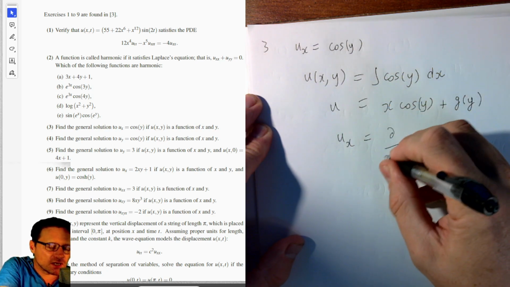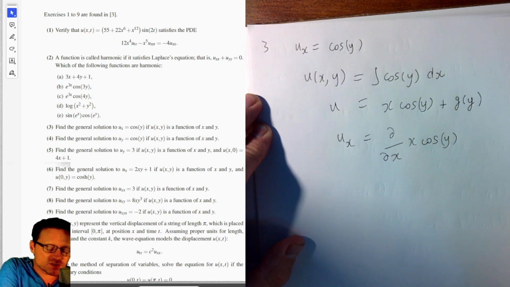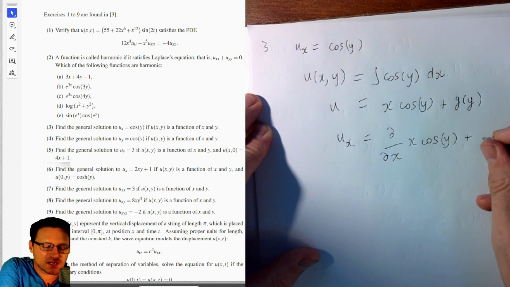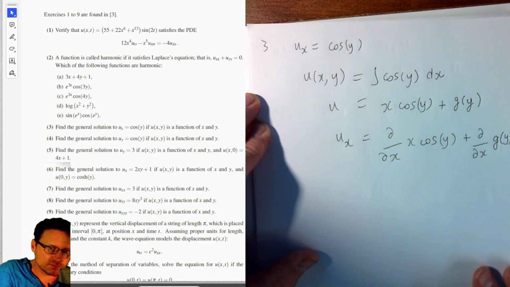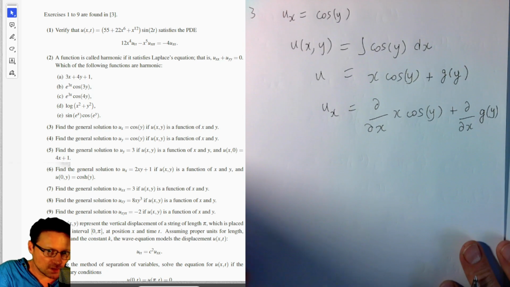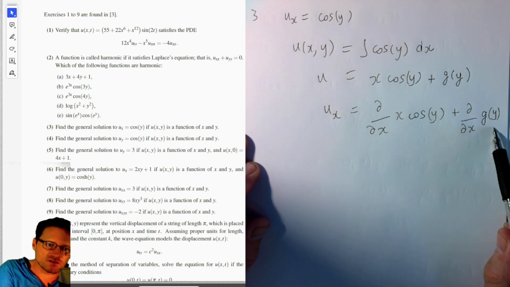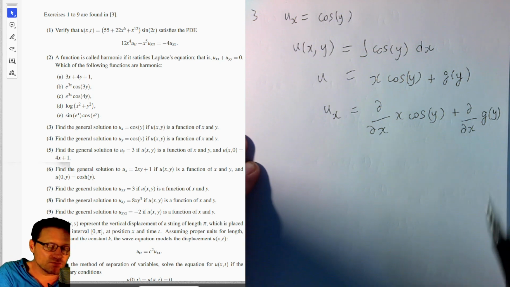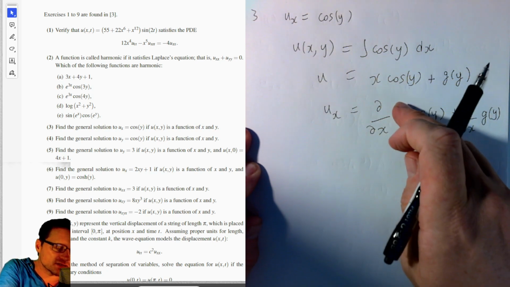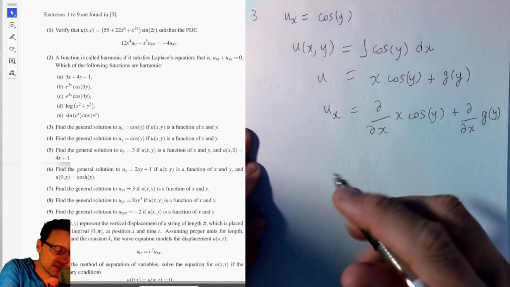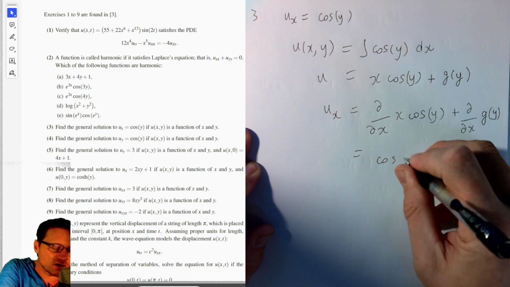We are differentiating x cos y with respect to x partially, and we are differentiating g of y with respect to x. All right, and so here the derivative of g of y, since it's a function of y which has no x's in it, that derivative will be 0. And for this derivative here, we bring out the constant, and so we're just differentiating x with respect to x, so we just have 1 for the derivative times cos of y, which is cos of y.